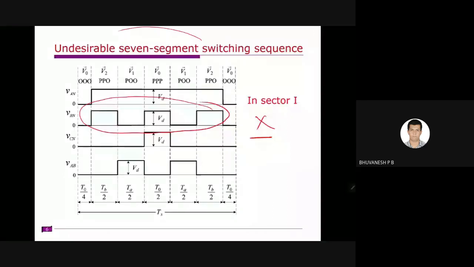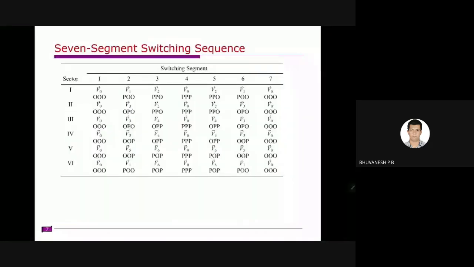Generally this one is not used. So this is the switching sequence. So far we discussed the switching sequence for sector 1. When it is sector 2, the TS needs to be implemented with the V2 and V3 vectors. So if it is in sector 2, the V reference is influenced by V2, V3 vectors.